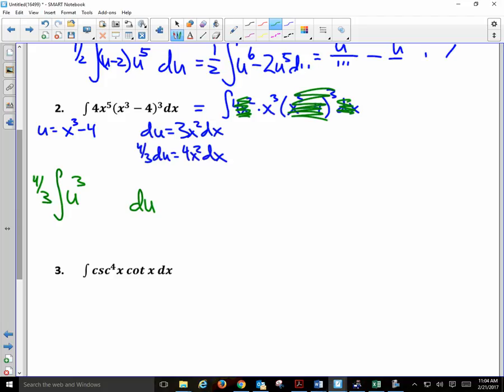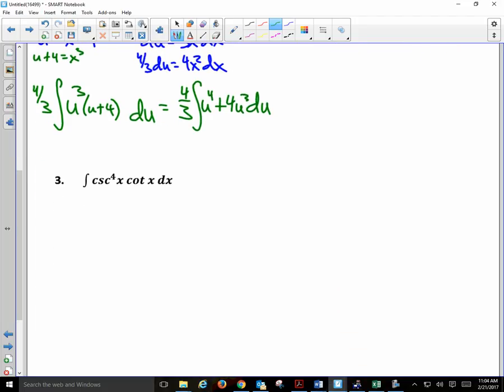Yeah, x to the 3rd is u plus 4. No, but you have to distribute. So I have 4/3 times the integral of u to the 4th plus 4u cubed du.